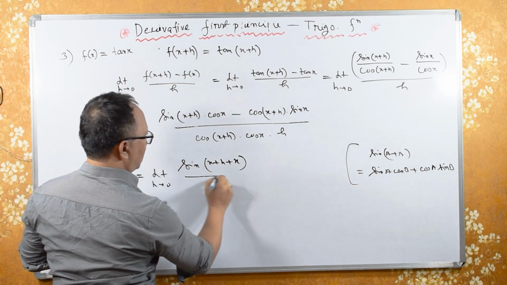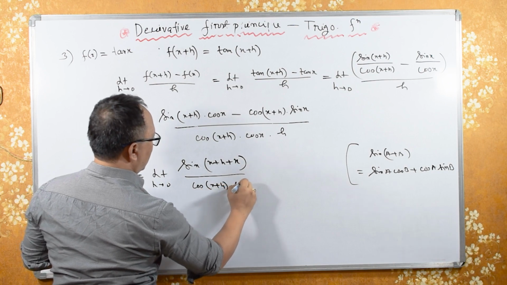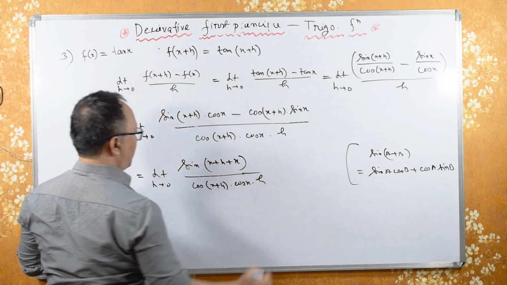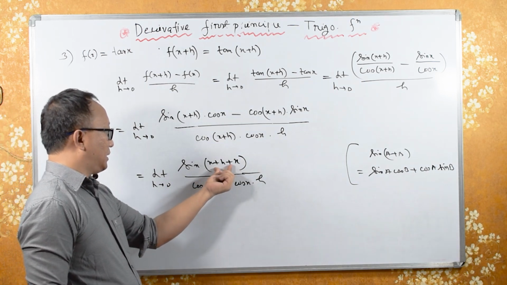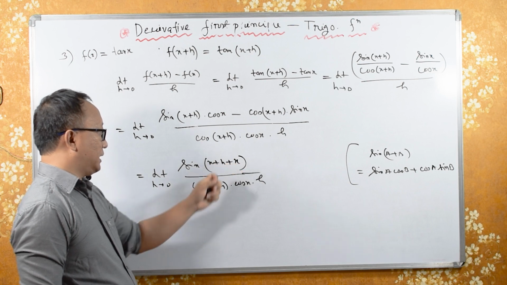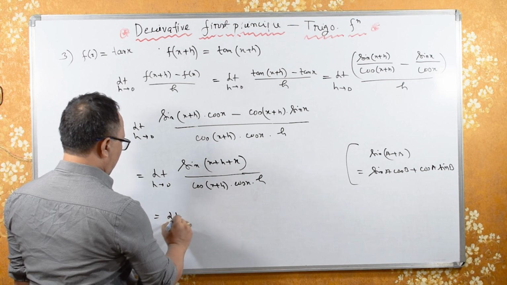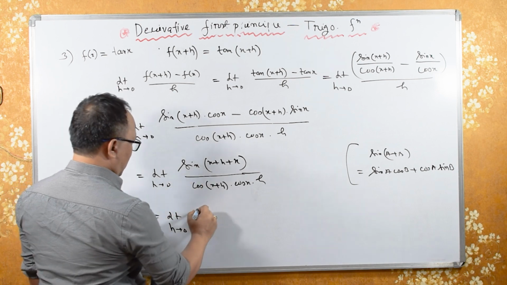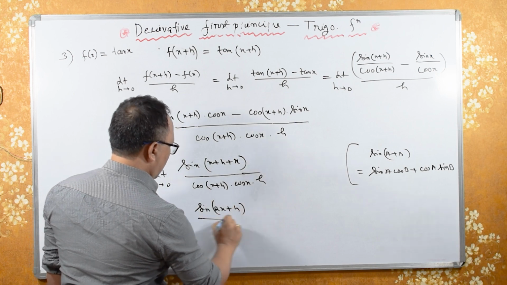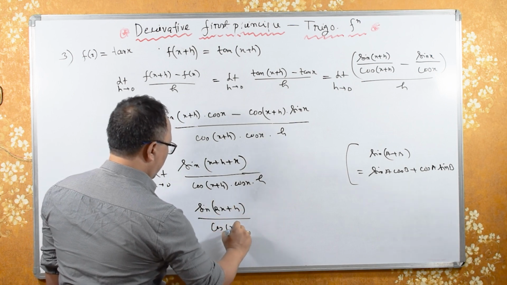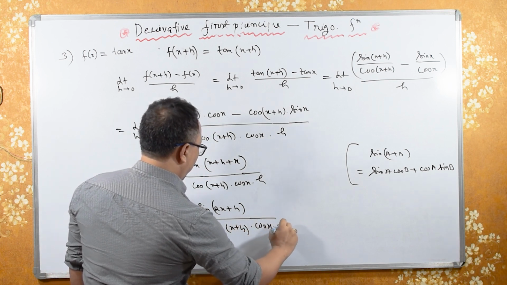Upon cos of x plus h into cos x into h. Now x plus x is what? Twice x. Limit of h tends to 0 of sine of twice x plus h upon cos of x plus h into cos x into h.